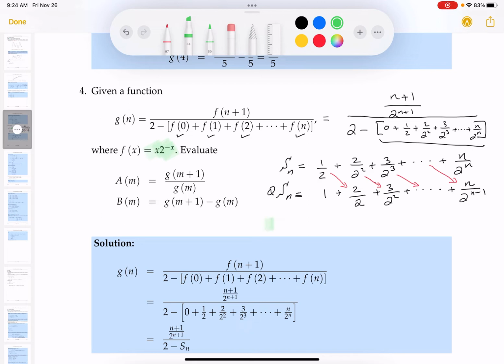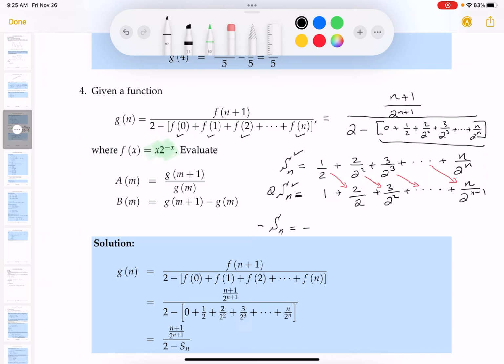Oops. Keep doing that, don't I? And let's see what you get. Again, I'm taking this, subtracting this.